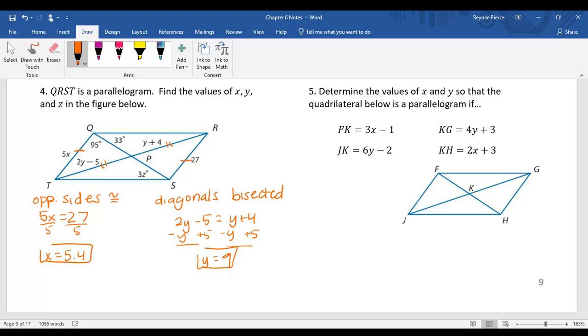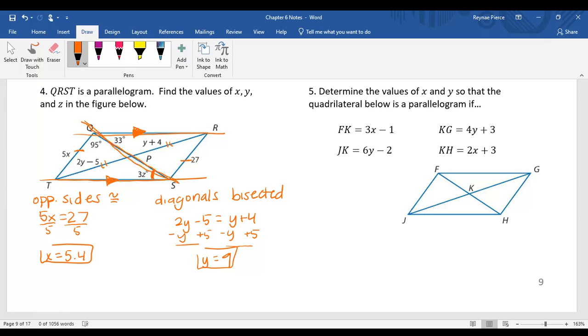Okay. To find z though, z is a part of this angle right here. Okay, and we've got either a 95-degree angle or a 33-degree angle to work with, okay? Now remember, in a parallelogram, the opposite sides are parallel. Okay, so if I'm looking at this parallel line and this parallel line, 3z is created by this transversal.